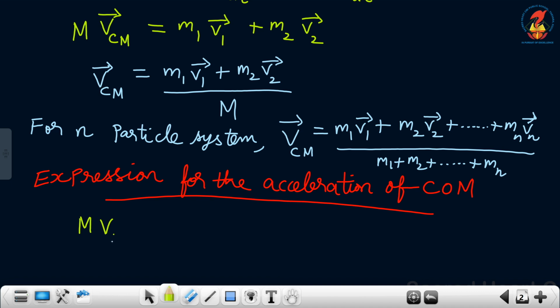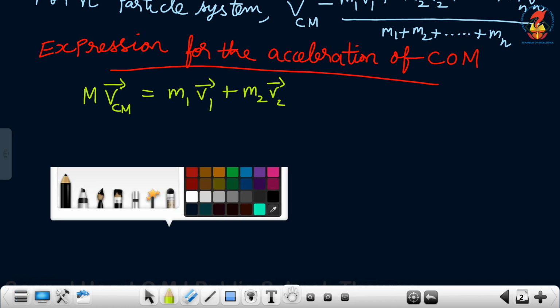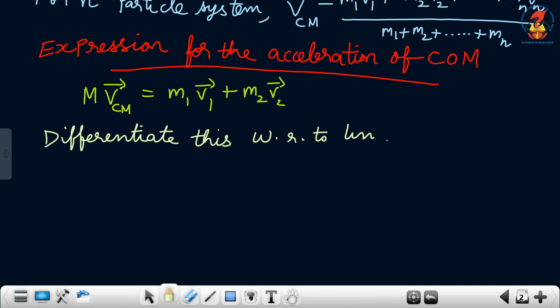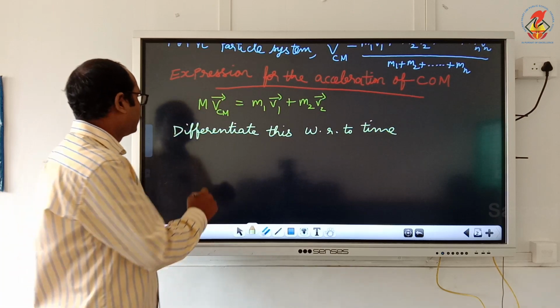So, M vCm is equal to m1 v1 plus m2 v2. Differentiate this with respect to time.